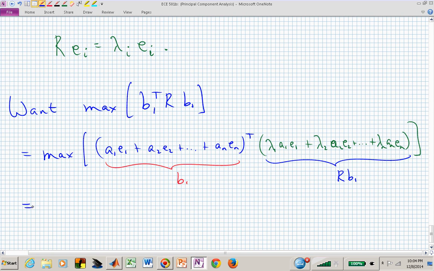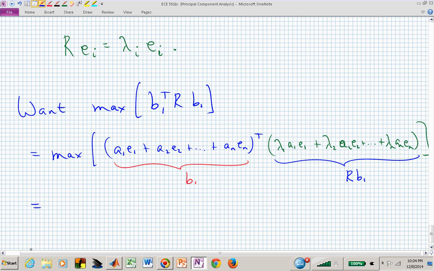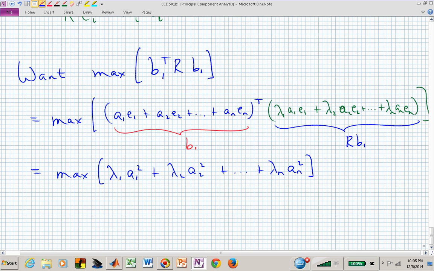With that information, we can rewrite this product of two terms as simply, and the e's, remember, are orthonormal, so we now have this maximum of simply lambda 1 a1 squared plus lambda sub 2 a sub 2 squared plus dot dot dot plus lambda sub n a sub n squared. Again, the e's by themselves give 1. When they are multiplied by each other, they give 0.